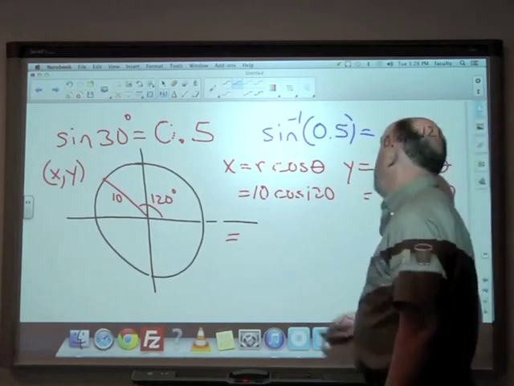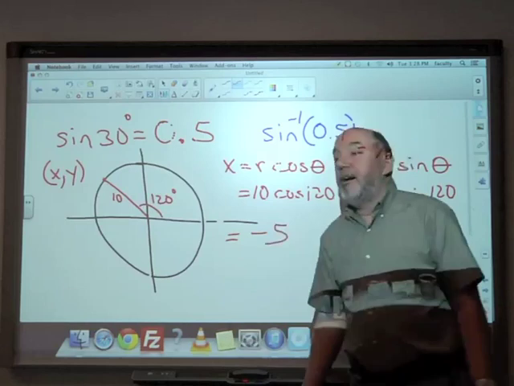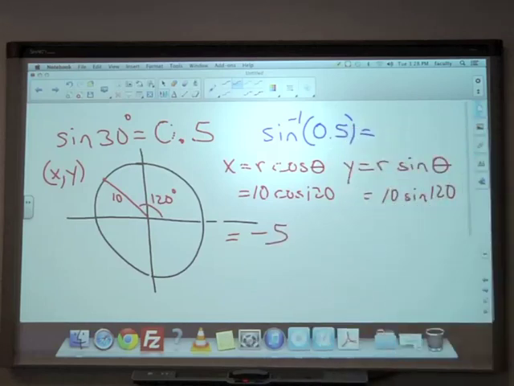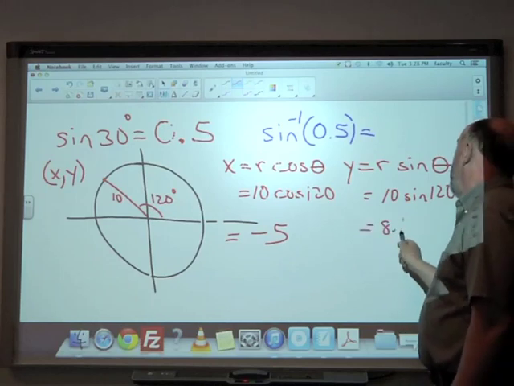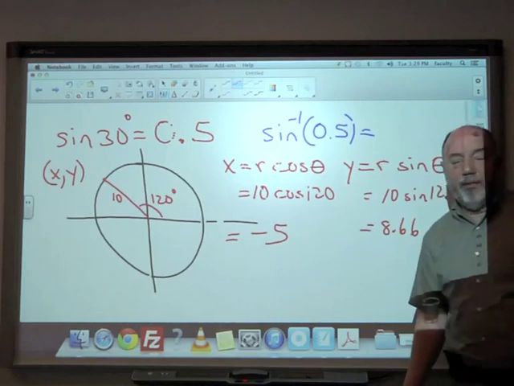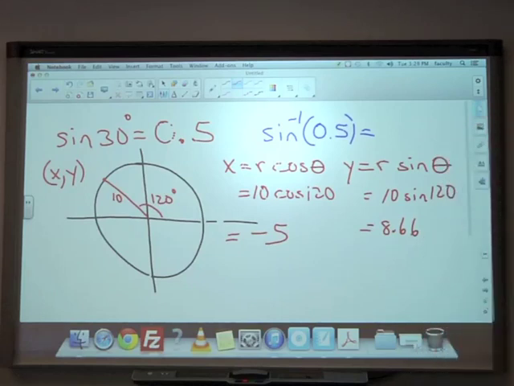That'll be the x. And then 10 sine 120 will be 8.66, and that will be the y coordinate of that point. So we found our point on the circle. X is our cosine theta, y is our sine.